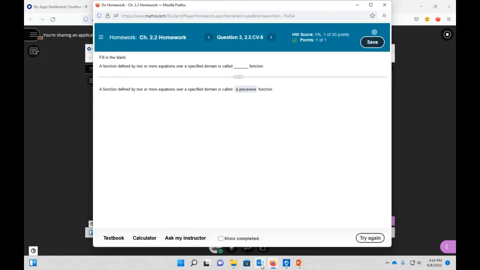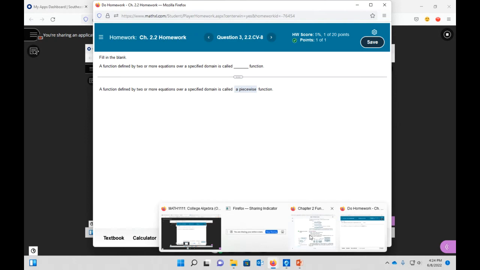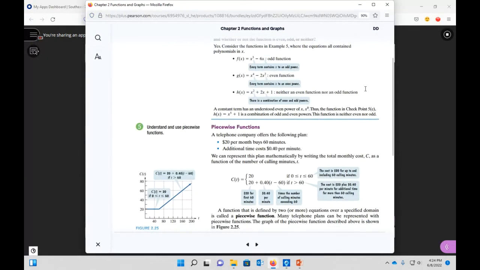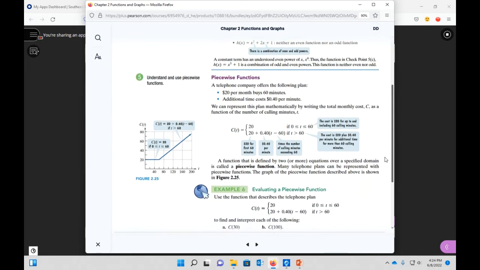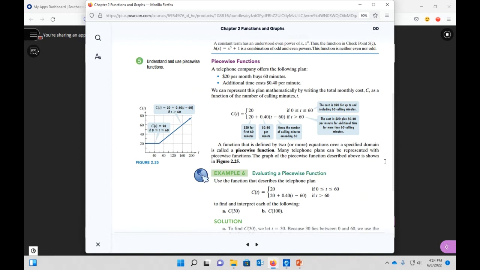And you say, well, that was clever. You just read the question back. If you looked in your e-text, which is also available in Math Excel in Chapter 2, Section 2, you would find a few words about piecewise functions, and they have the same definition that we just read in that question.